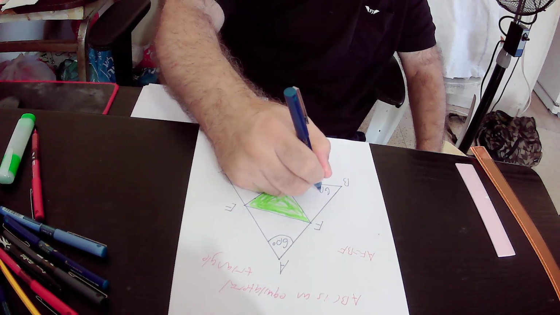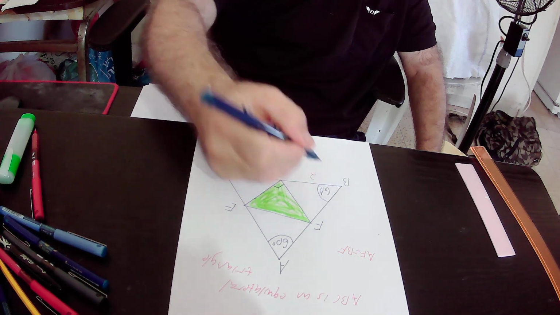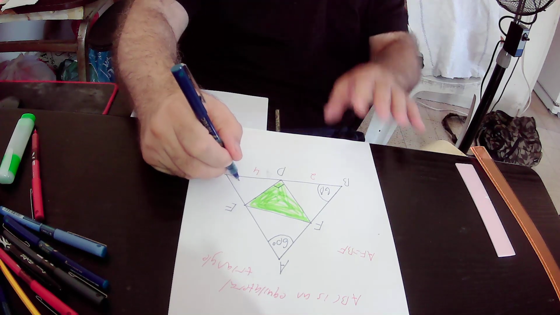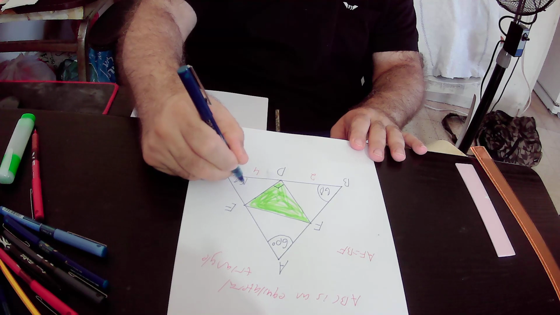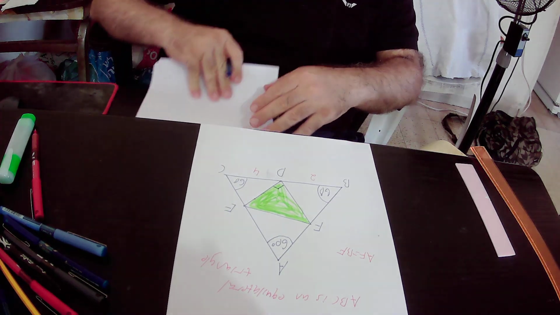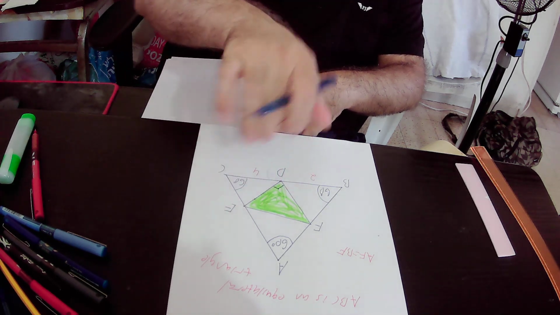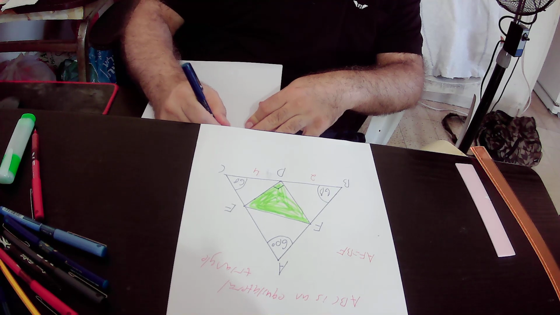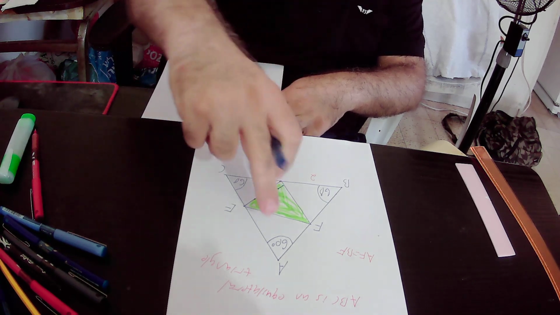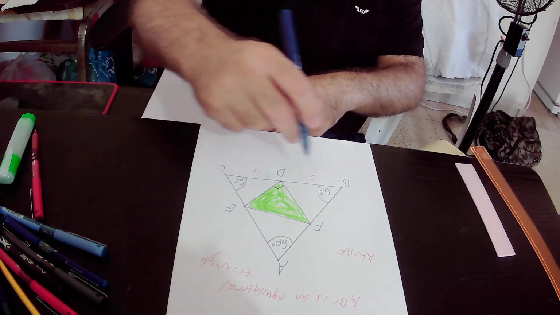Also, all the sides of an equilateral triangle are equal to each other. That is to say, AB equals AC equals BC.